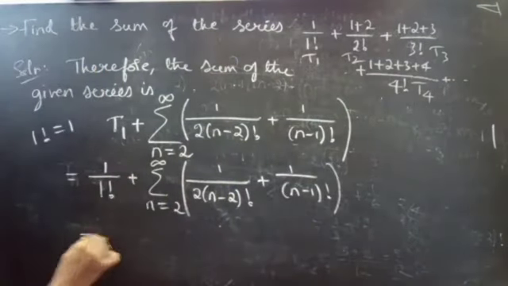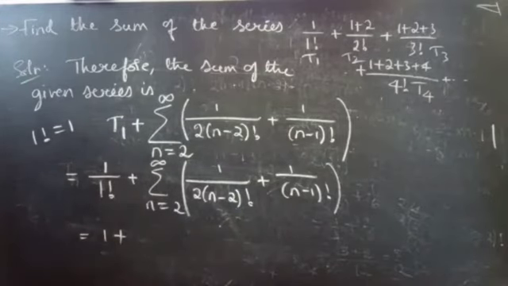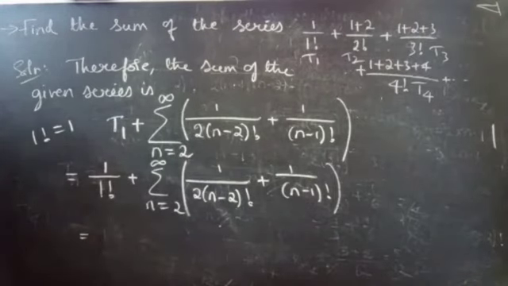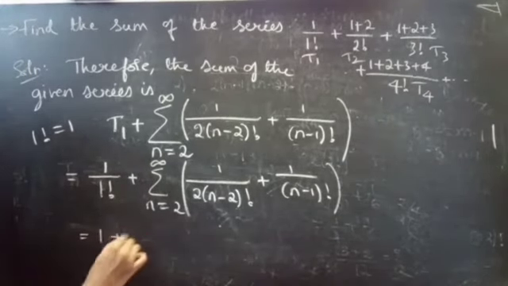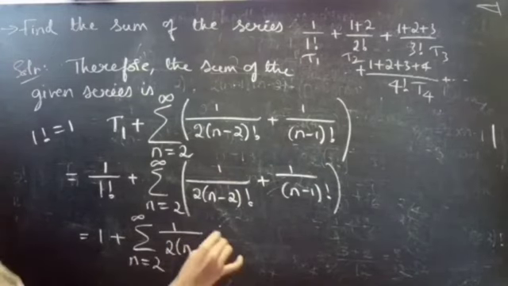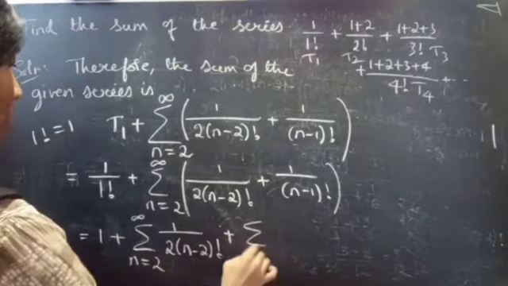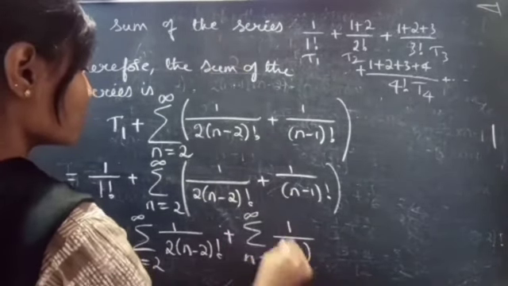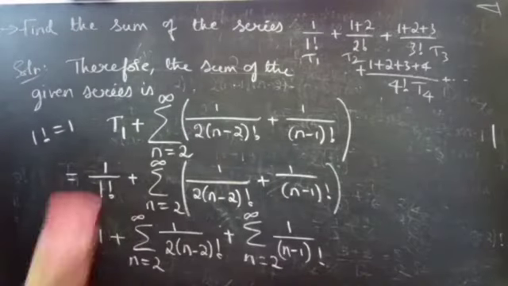So this equals 1 plus summation n equals 2 to infinity 1 by 2 into n minus 2 factorial plus summation n equals 2 to infinity 1 by n minus 1 factorial. Okay.